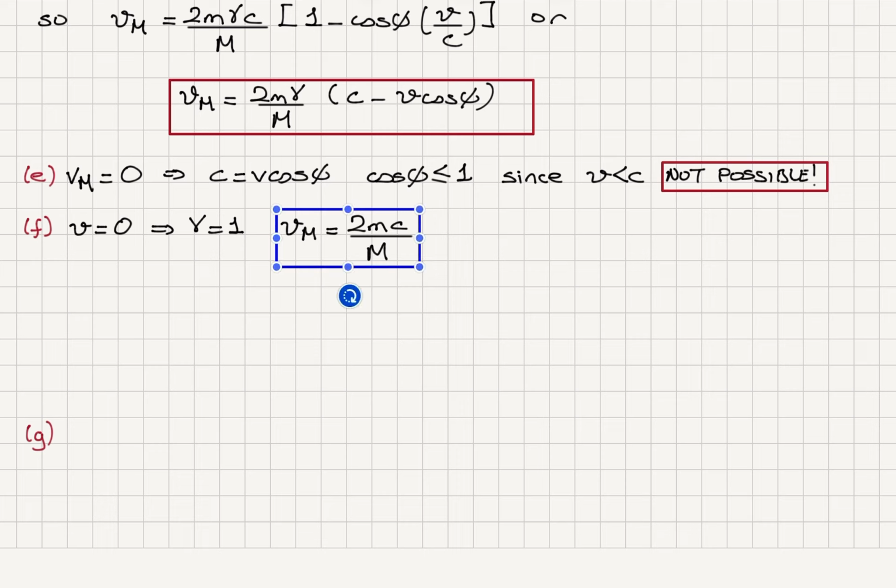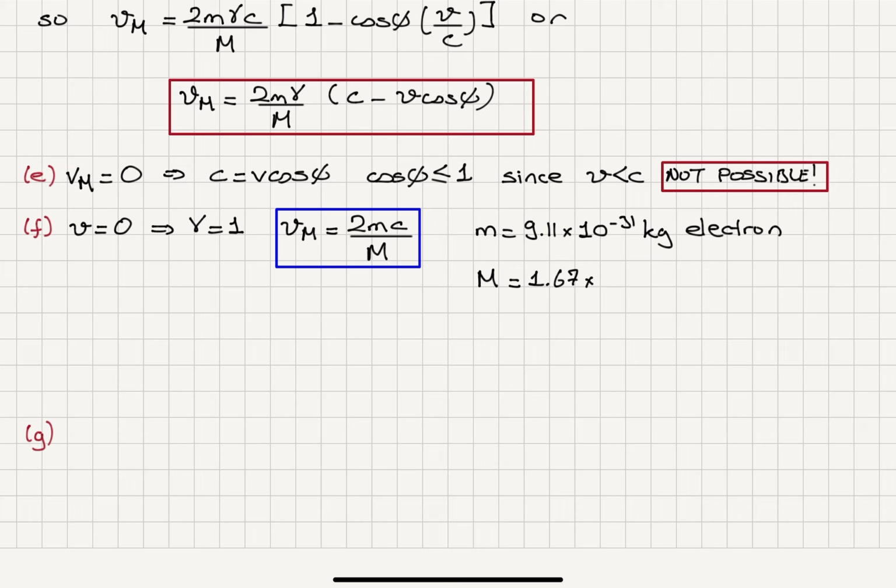So let's substitute the numbers here. The mass of the electron, rest mass, is 9.11 times 10 to minus 31 kilograms. Electron and the positron the same. The capital M, mass of a proton, is 1.67 times 10 to minus 27 kilograms.